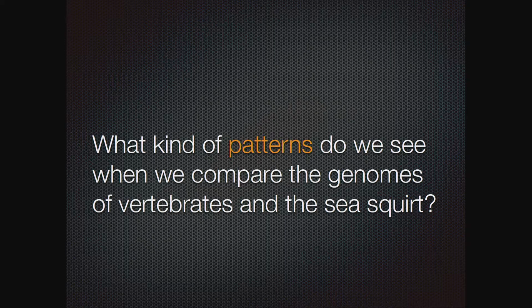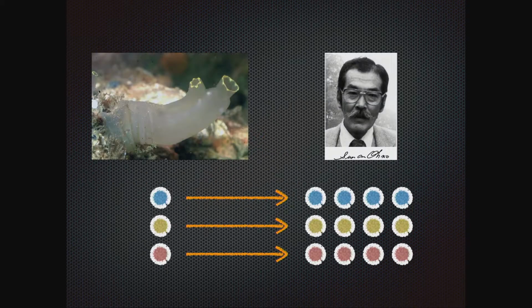Are there any patterns that we can discern, and can we learn anything from that? One obvious pattern that we can see is when we look in the Ciona genome, and if these little balls are just genes, as a first approximation, we see a roughly 1-to-4 relationship.